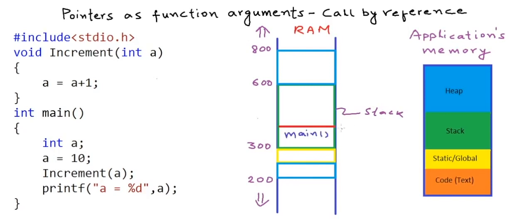So we will take out from the stack some part for the main method and create a unit which we call stack frame. Each function will have a stack frame. Now we have a variable a. Now memory is allocated for a from this stack frame and the value of a is 10. Now the main method calls increment function. What happens when main method calls increment is that the machine says that, hey, I will stop your execution for some time.